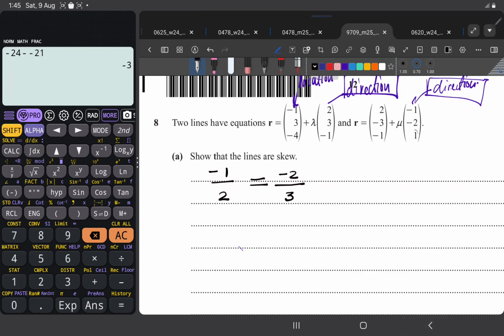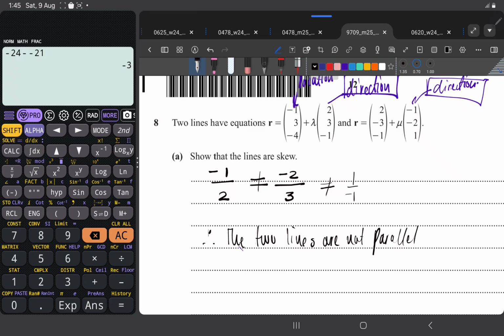And this is not the same as 1 divided by -1 either. So this just goes to show that they are not the same. Therefore, the two lines are not parallel.